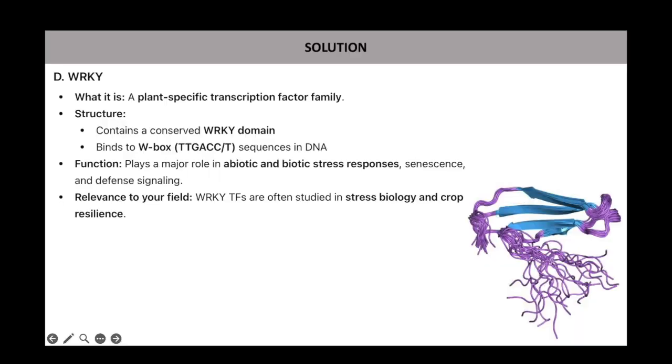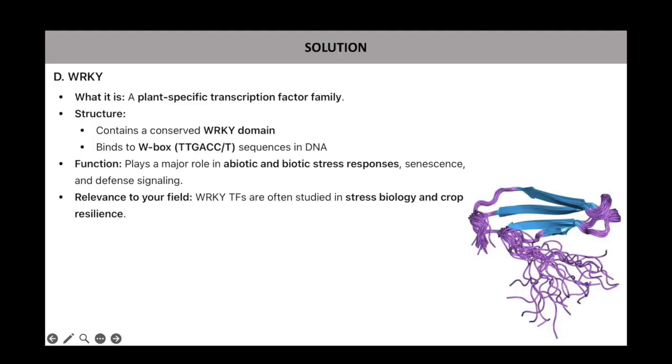D is WRKY. WRKY is also a large transcription factor family which is very specific to plants. Its structure contains a conserved WRKY domain which binds specifically to the W box.